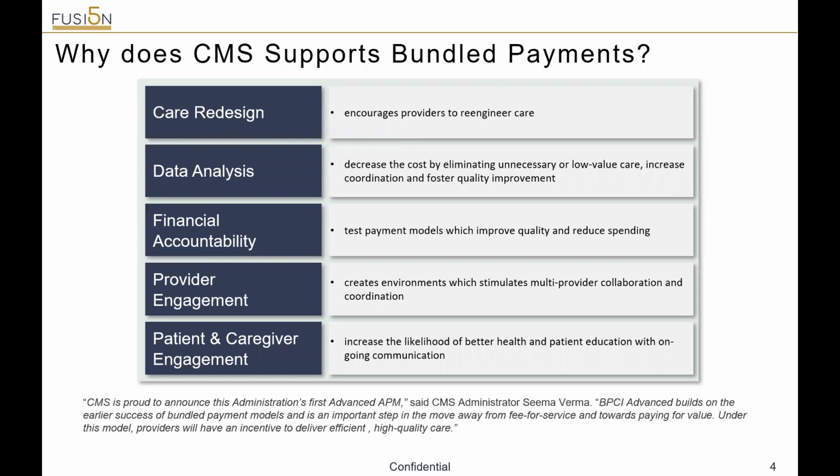And so the ultimate goal is to reduce spending, but not at the compromise of care. Care has to be at least the same, if not, in fact, better. To accomplish these tasks, you're looking for provider engagement, and provider means a whole lot of things. That is your primary physician provider, in terms of most of these are specialists that are in episodic care, not always, but a majority of them are specialists.